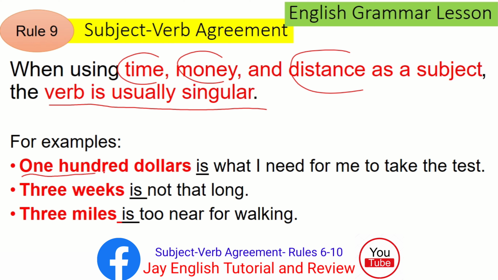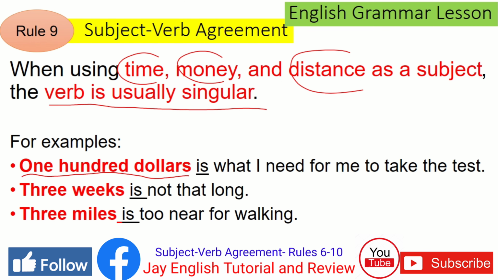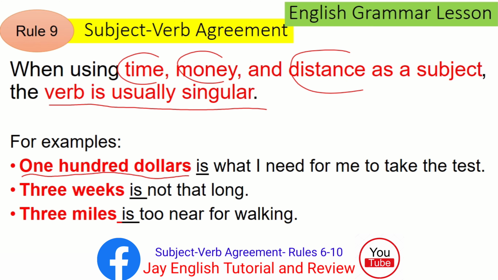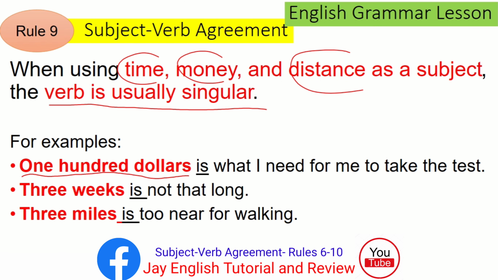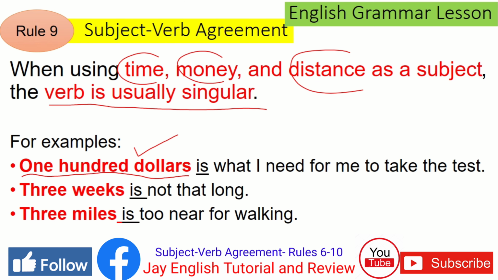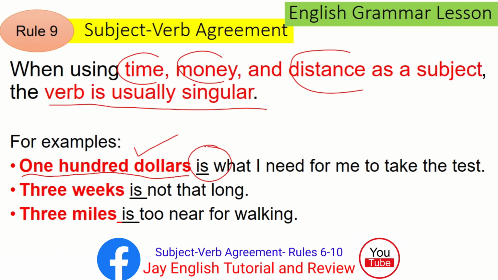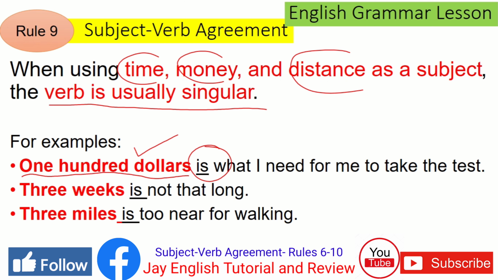Though it sounds like a big amount of money, if you take it literally, it sounds plural. But if we stick to what the rule says, this is an expression of money, so the verb is usually singular. That's why we are using the verb is here, not are.